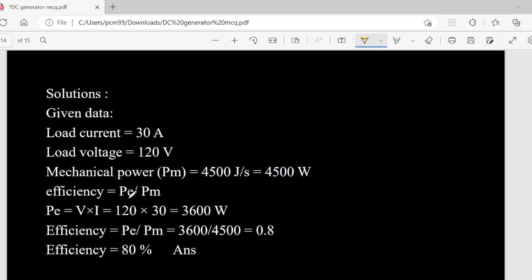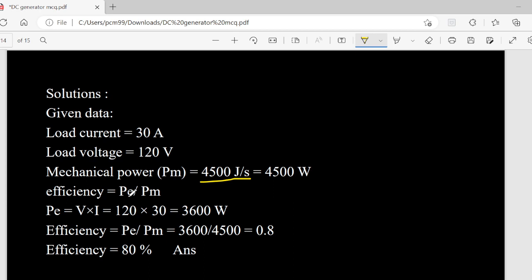Efficiency means output upon input. Here output is the electrical power and input is the mechanical power. So mechanical power input is given as 4500 joule per second, and efficiency is not given. We have to calculate efficiency and electrical power.